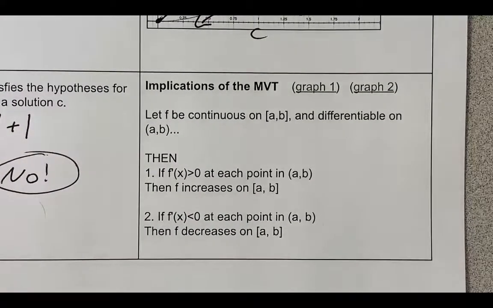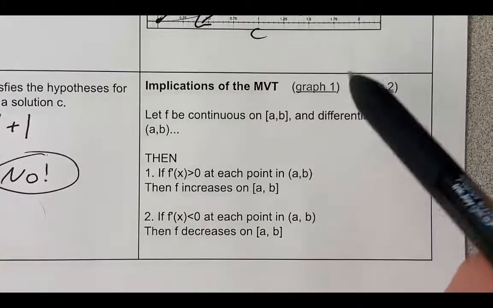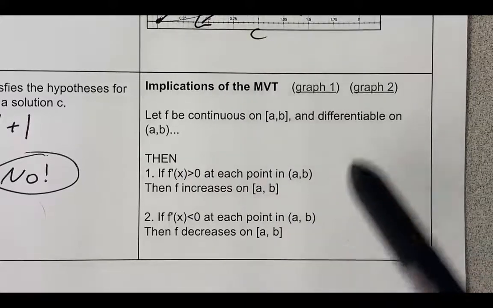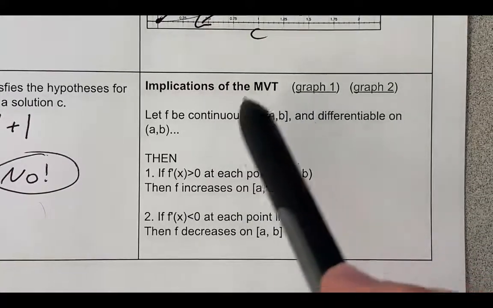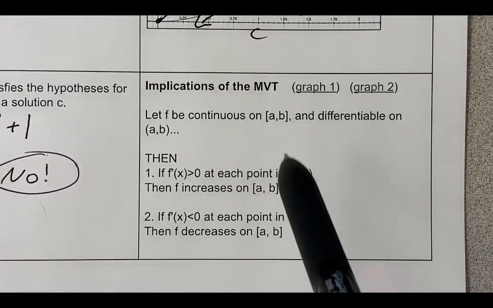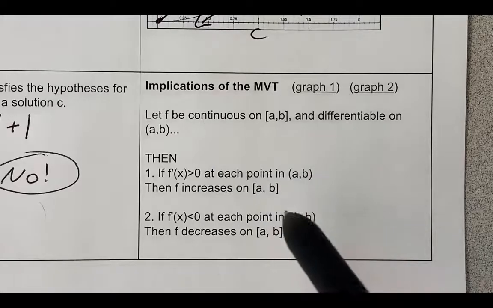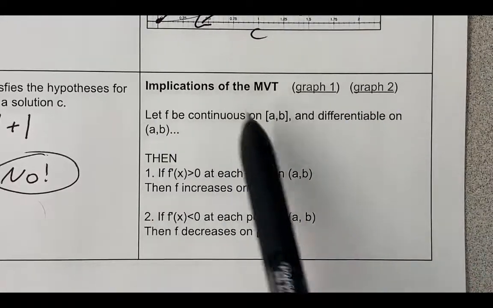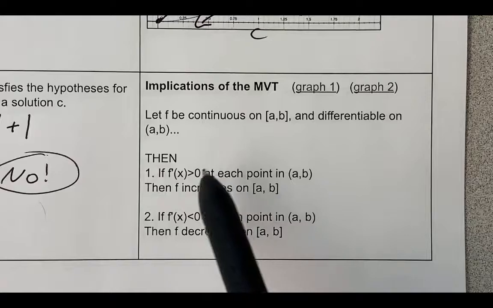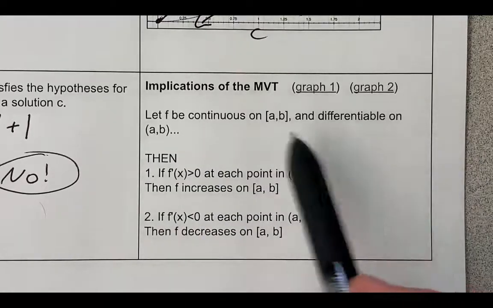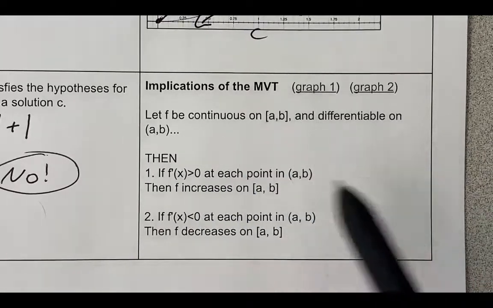All right, implications of the mean value theorem. Like I said at the beginning of this chapter, a lot of what we're doing now is formalizing things that we've already sort of relied on earlier in the trimester. So f, again, is continuous and differentiable, the same as the hypotheses for the mean value theorem.